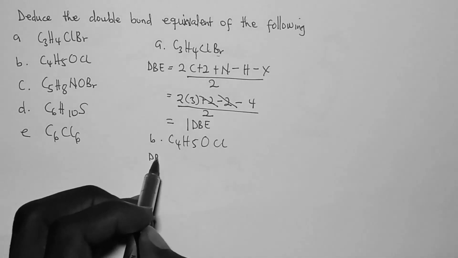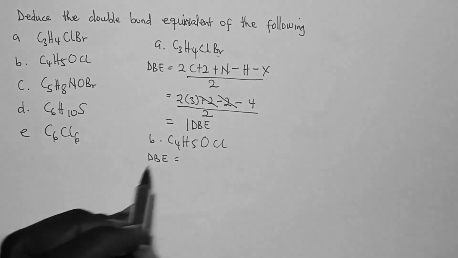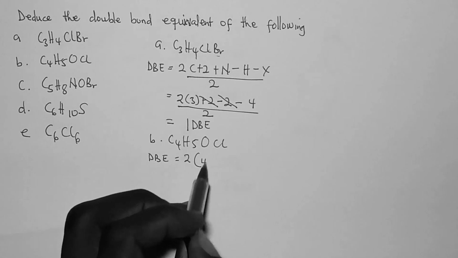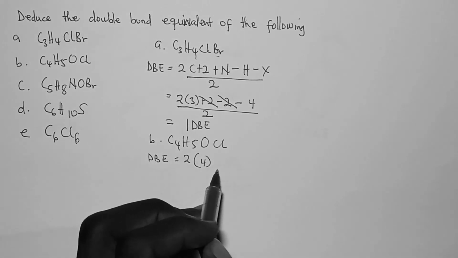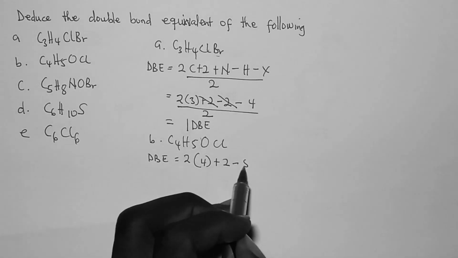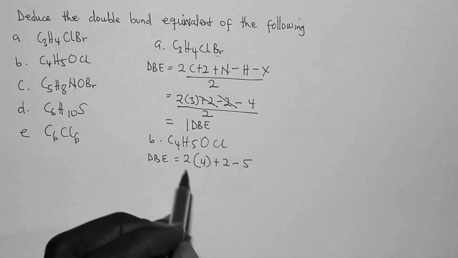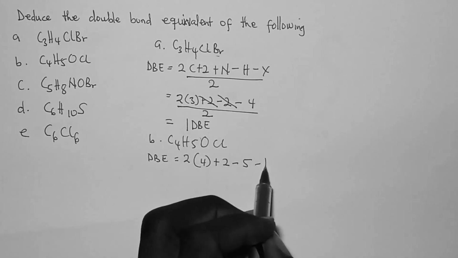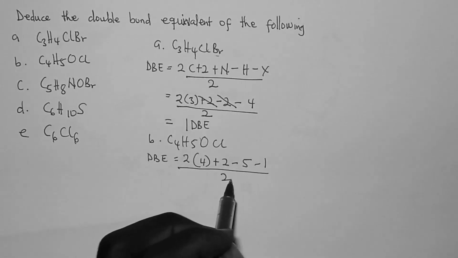So DBE is equal to 2 times the number of carbons, and there are 4 carbons, and then plus 2. And then there are 5 protons, so minus 5. Then oxygen is 0. Then chlorine is a halogen, so minus 1, divided by 2.